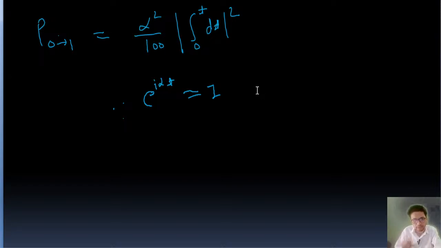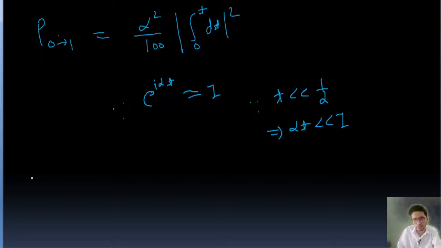I'll tell you why. Since it is given in the question that t is less than or equal to 1 upon alpha, this implies alpha t is less than or equal to 1. So alpha t is very small, so e to the power alpha t is almost e to the power 0, and e to the power 0 is 1.